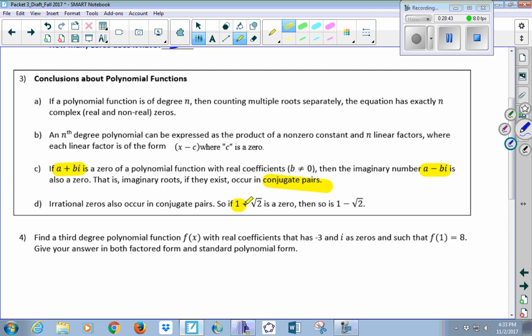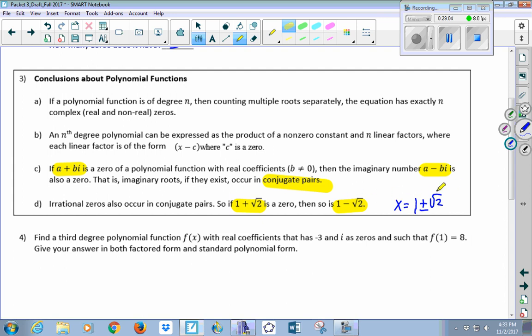So if you see 1 plus the square root of 2, you're also going to see 1 minus the square root of 2. You should be fairly familiar with that idea, because let's suppose you're solving a quadratic equation. If you got x equals something plus the square root of 2 for an answer, you would also get the minus, plus or minus the square root of 2.